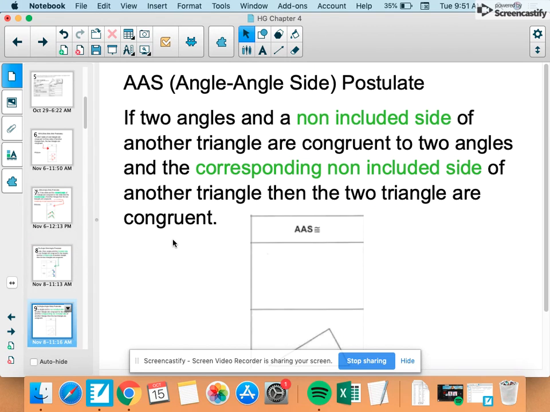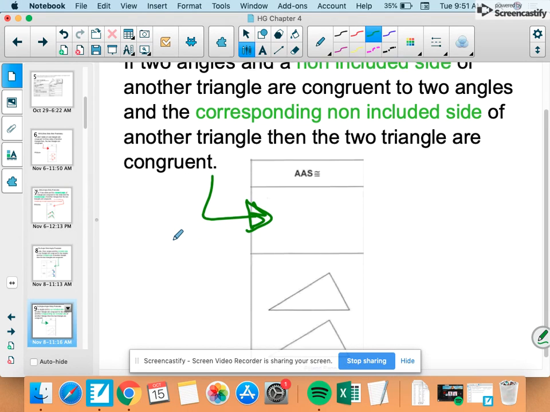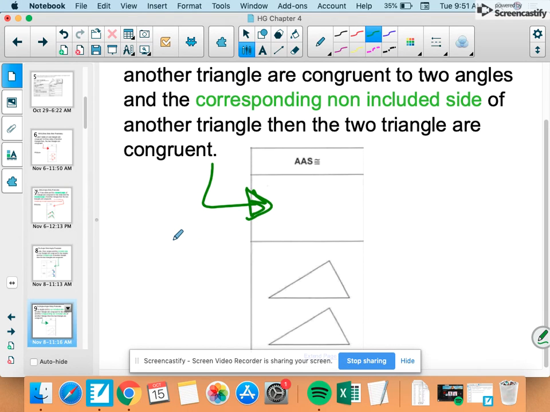The last one that we're going to look at today is angle, angle, side. This is if two angles and a non-included side of one triangle are congruent to two angles and the corresponding non-included side of another triangle, then the two triangles are congruent. It's a similar concept to the last one, except now the side is going to be not included.